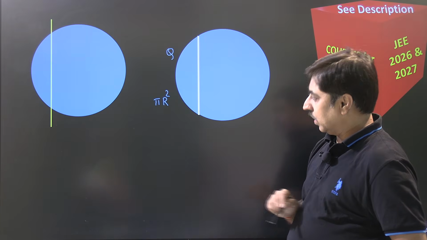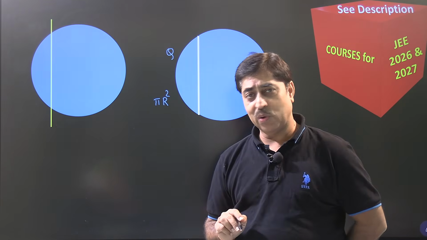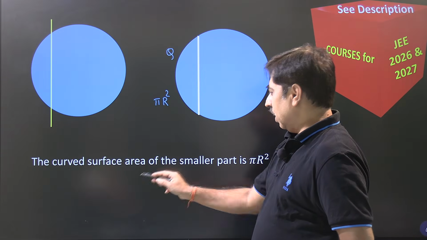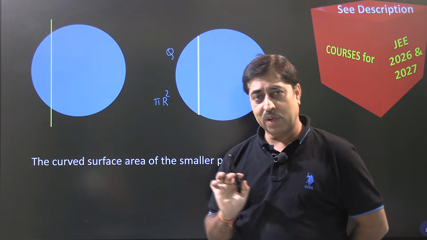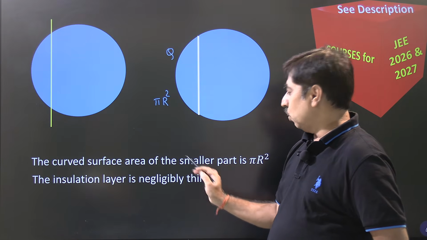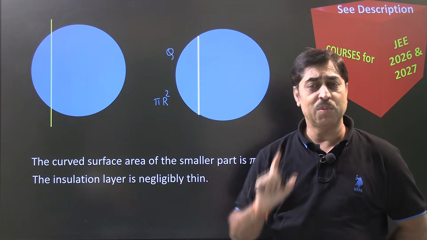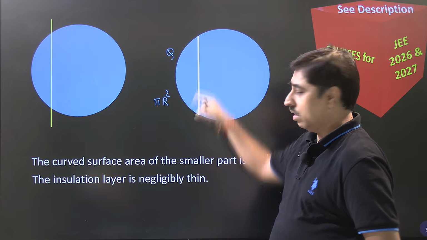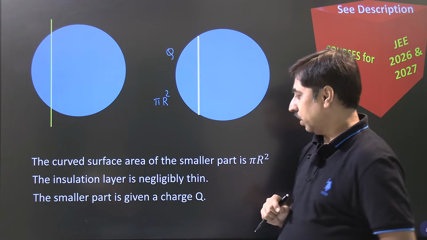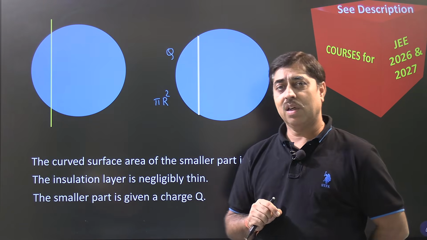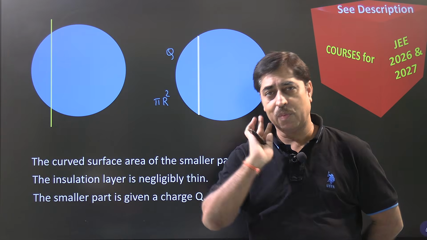Let me once again repeat the important points before I ask you the question. The curved surface area of the smaller part is pi r squared. The insulation layer is of negligible thickness. This white colored part represents the insulation layer, and the smaller part has been given a charge capital Q.